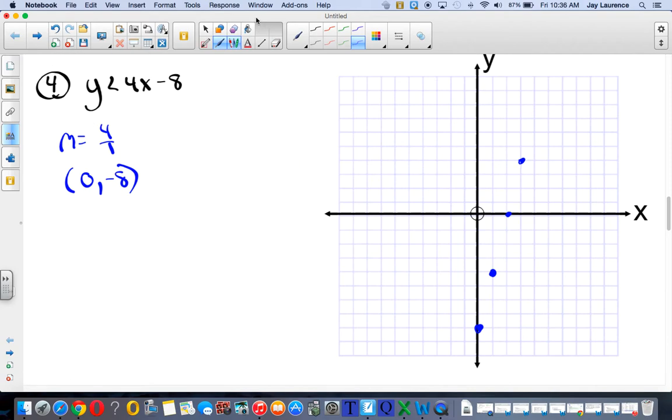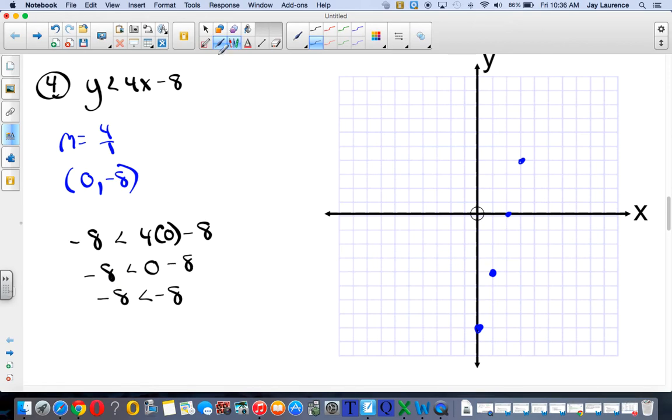Now, there's a little trick here. See how it's not equal to? What's going to happen if I plug 0, -8 into this inequality? Let's see. -8 is less than 4 times 0 minus 8. So -8 is less than 0 minus 8, which means -8 is less than -8.